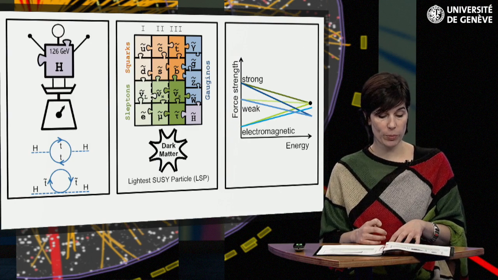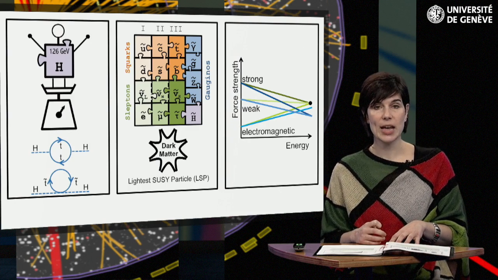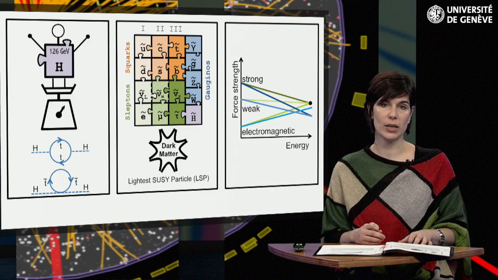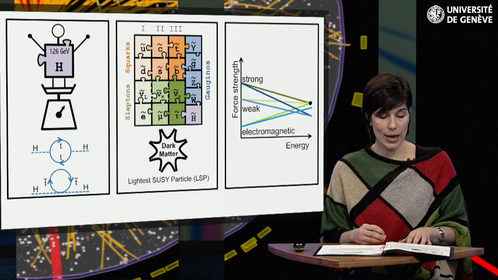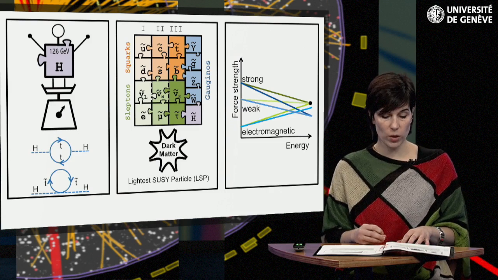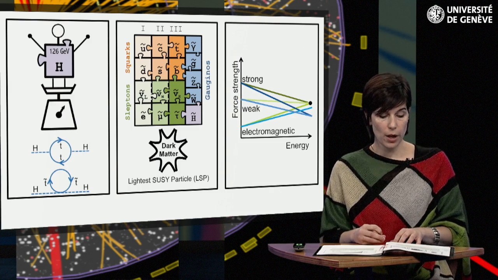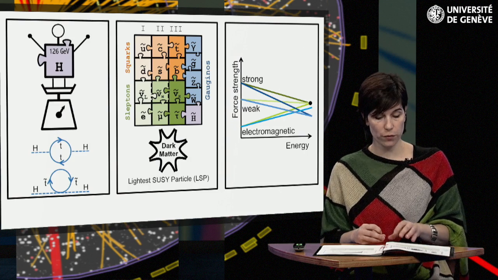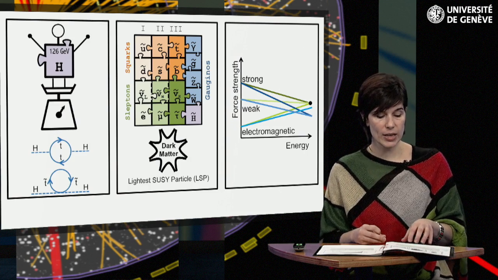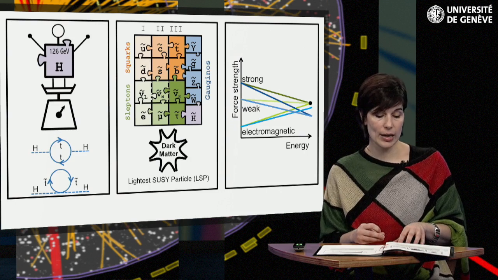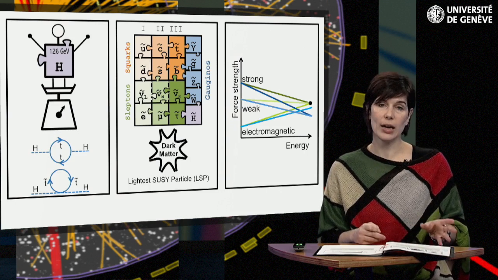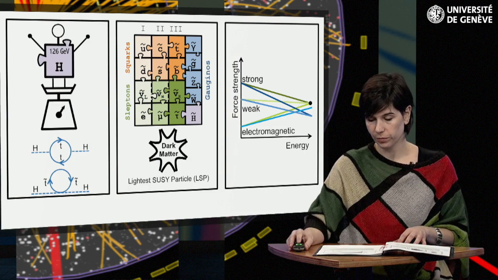The lightest superpartner can be neutral, stable, and weakly interacting with matter, becoming a perfect dark matter candidate. And if supersymmetric particles were included in the Standard Model, the strengths of its three forces could have the same exact strength at high energies as in the early universe.